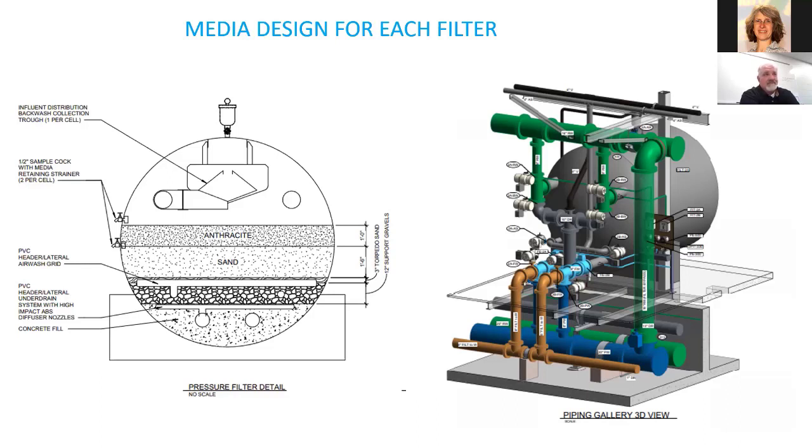So if you remember, we talked about temporary hardness, permanent hardness. That temporary hardness is going to precipitate in the hot water heater, or in the hot water pipes. So that helps to protect those pipes.